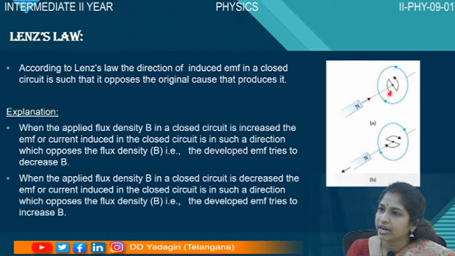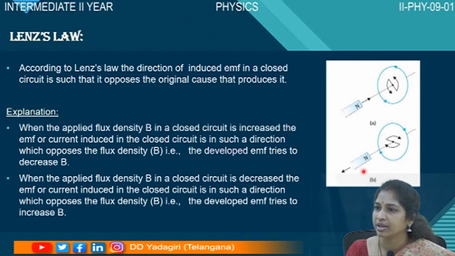In magnetism we have discussed, like poles always repel each other. So when current passes through this coil, it tries to oppose this magnet. It will not allow this magnet to move further. That is what is explained by Lenz. So that is Lenz's law.